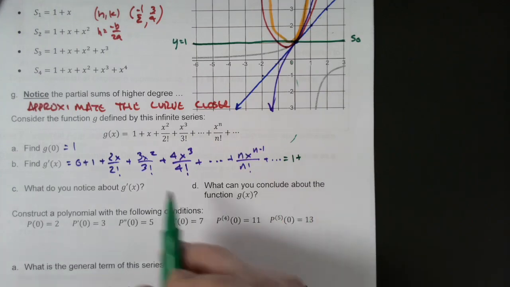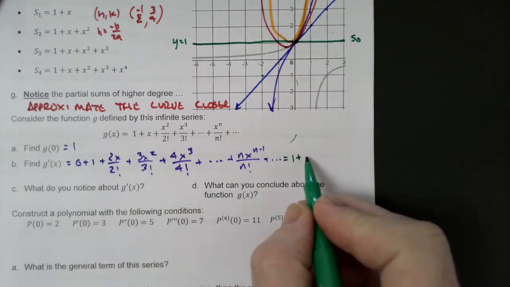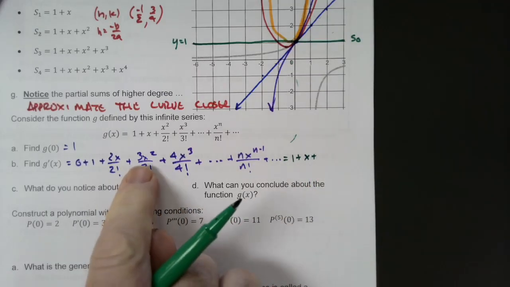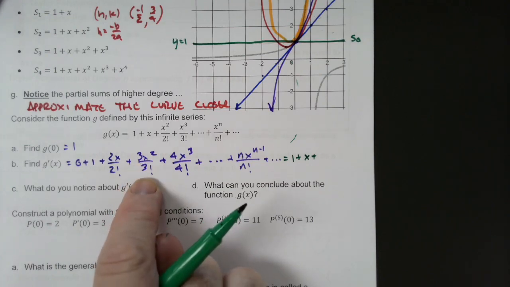So what would 2x divided by 2 factorial be? x. And then what about this one? What about 3x squared divided by 3 factorial? What's that going to give us?